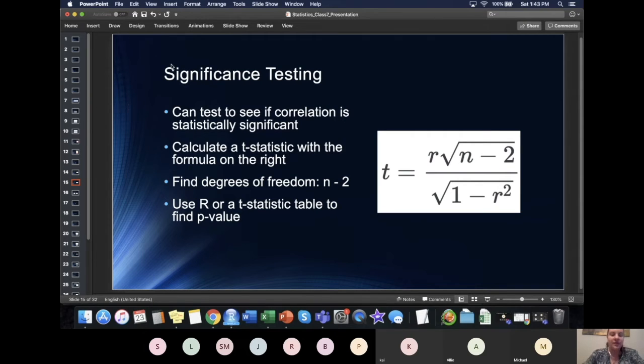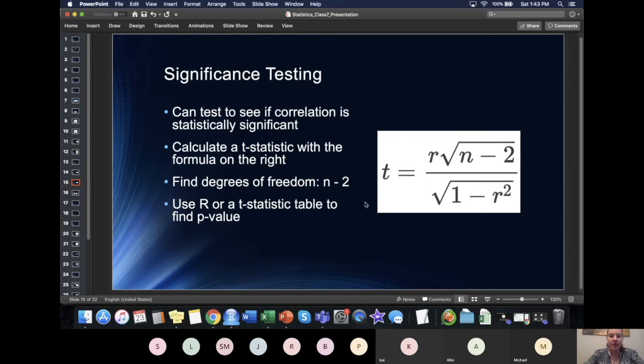Okay, so significance testing, and we've already talked about this, but just to add a little bit more information, we find that t-statistic and our significance, as we saw in the table, depends on the t-statistic and the degrees of freedom. Degrees of freedom are calculated differently for every test that you do, but they always have, in some way, a sample size involved in calculating them.